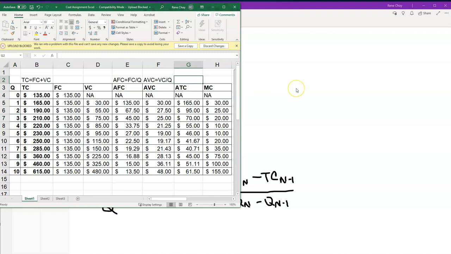Alright, now to calculate average total cost, I'm taking total cost and dividing it by Q.